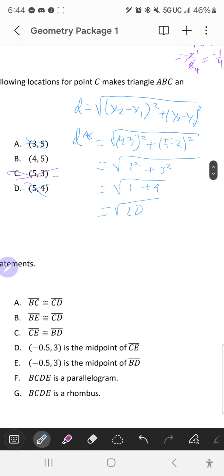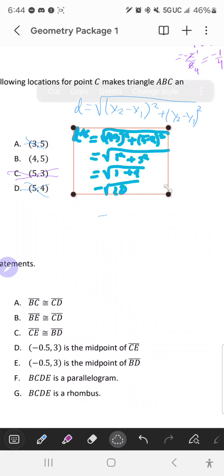Now we need to calculate the distance for AB. No, BC, for BC.